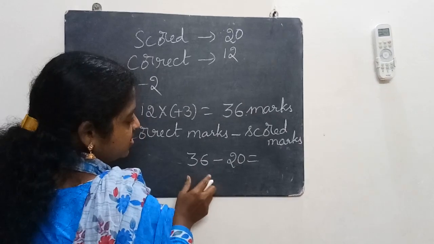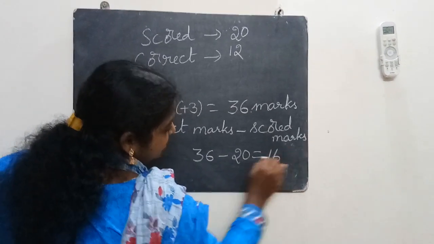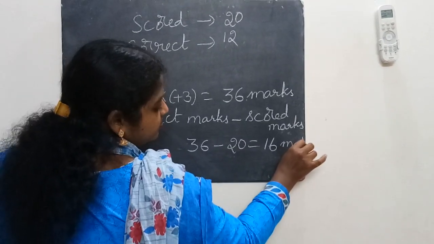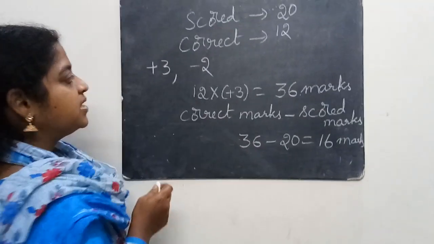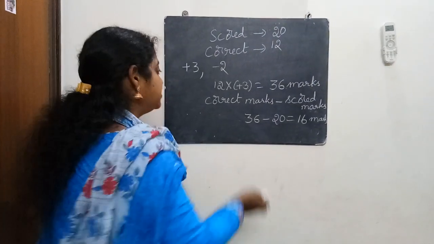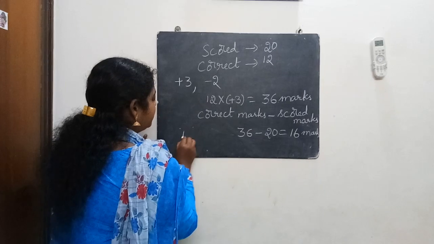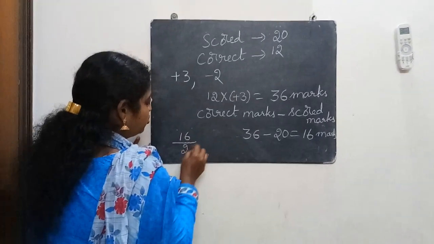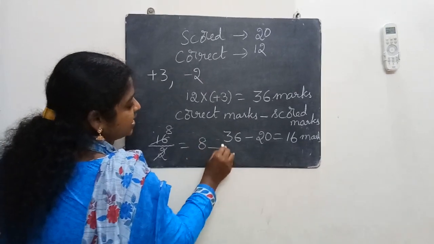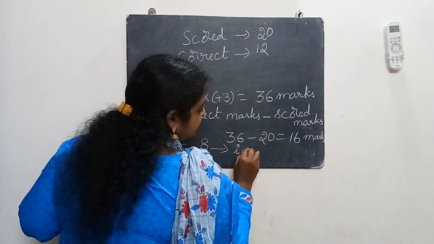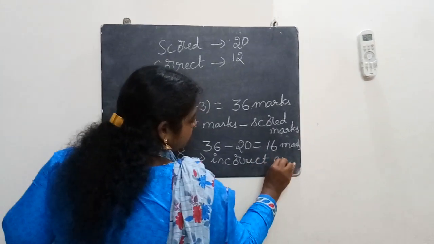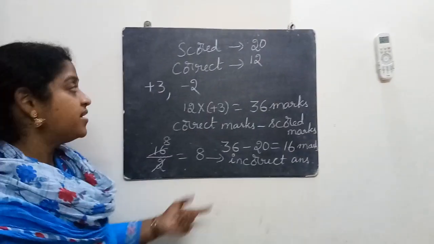The remaining marks are 16. 16 marks she lost. So what about the questions? How many incorrect questions she has written? Divide this 16 by 2. 16 divided by 2, you will get 8 incorrect answers. Understood, children?